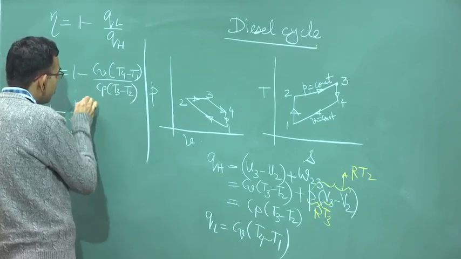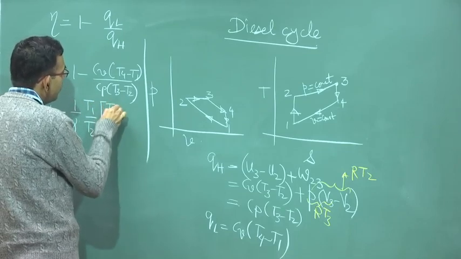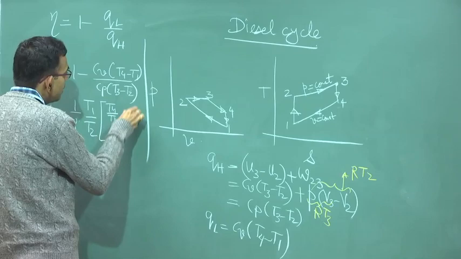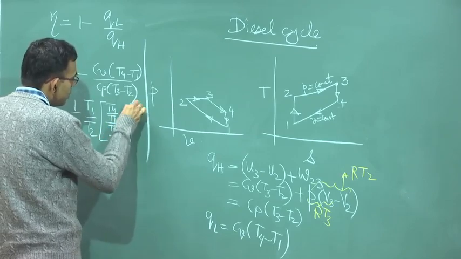Just like the previous example of the Otto cycle, we will extract T1 by T2 here. We will write (T4 by T1 minus 1) by (T3 by T2 minus 1).